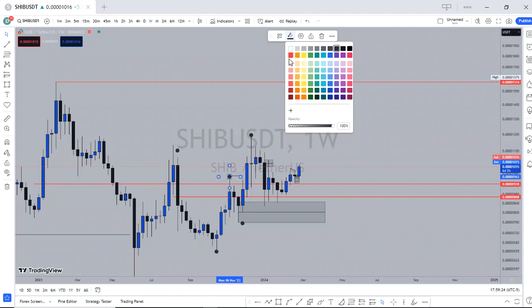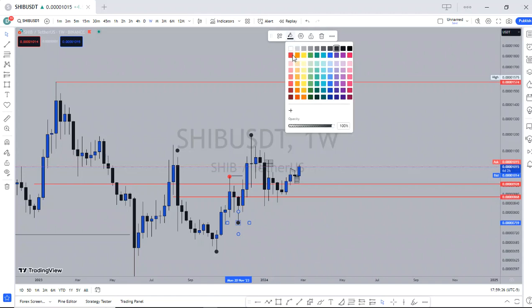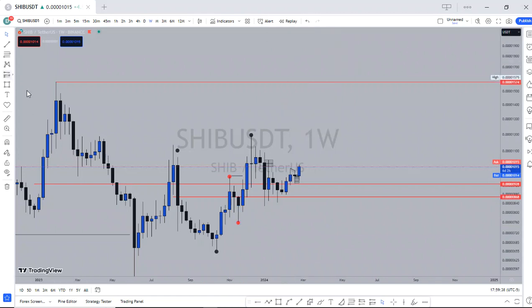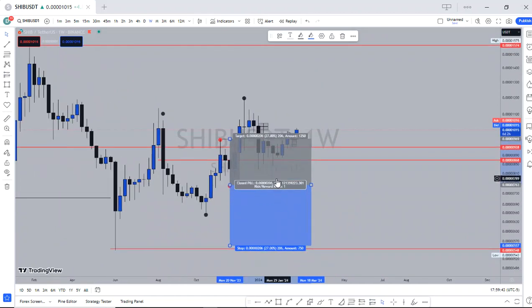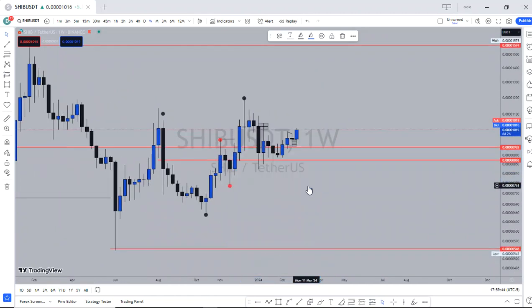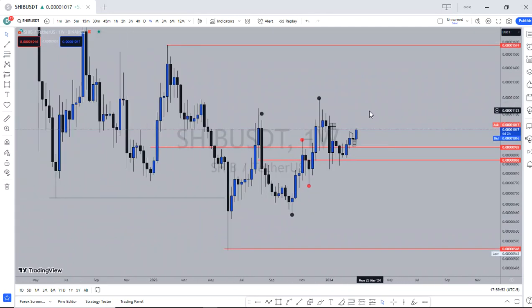Also, for those that use Fibonacci retracement, this could possibly be an OTE for you. Right? It trades into the premium 78 Fibonacci level, and it's using that to go bullish.